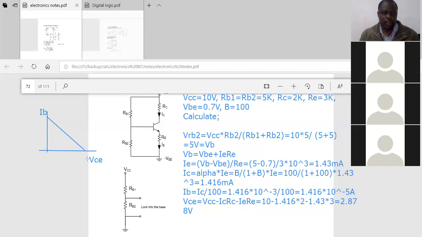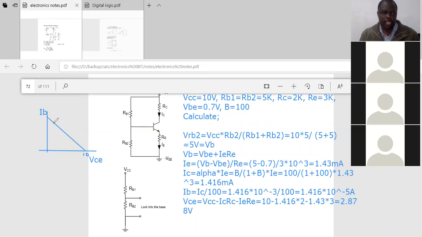Yeah. Remember we talked about those regions. Yeah, it's slightly above this, this is 10, the active region.